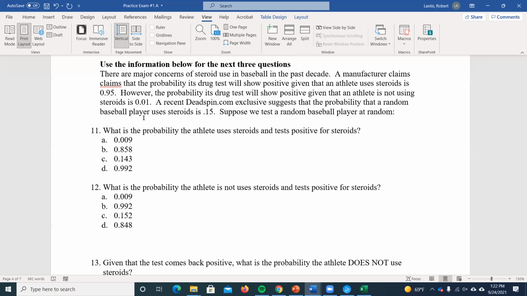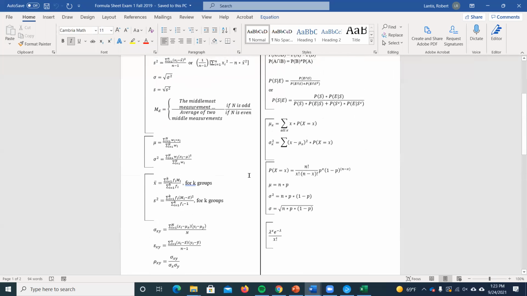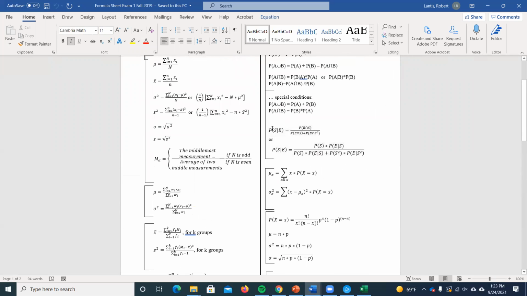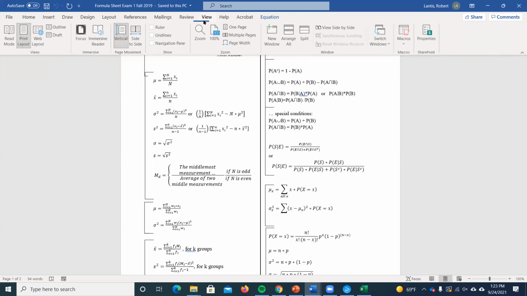So if I try to write this out, here's my event A, here's my event B. I go to my formula sheet. Okay, the intersection of two events is the conditional probability times what I'm conditioning on. Okay, so it probably would help if I made this a little bit bigger.